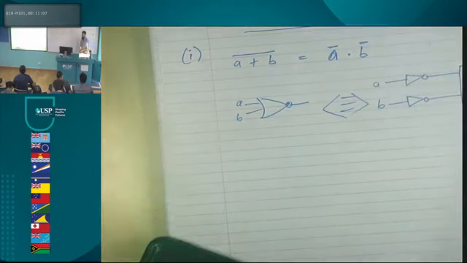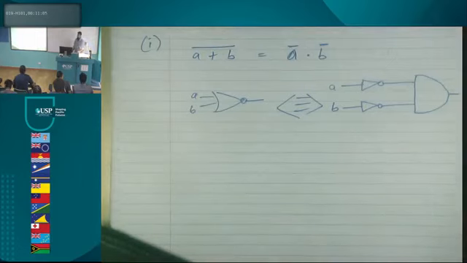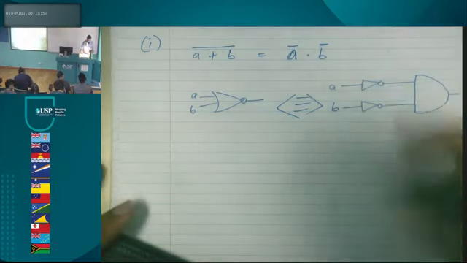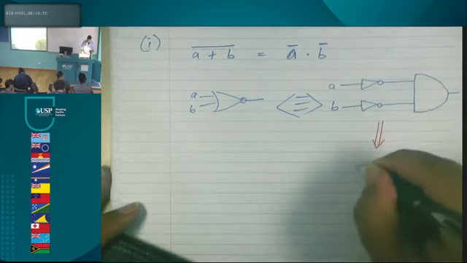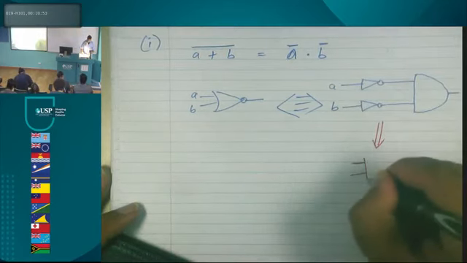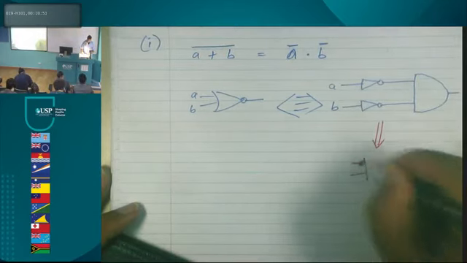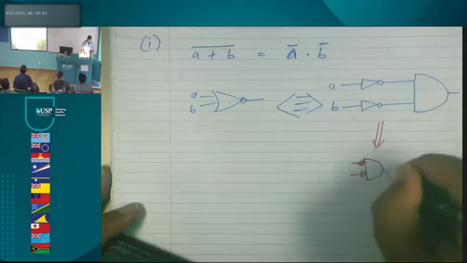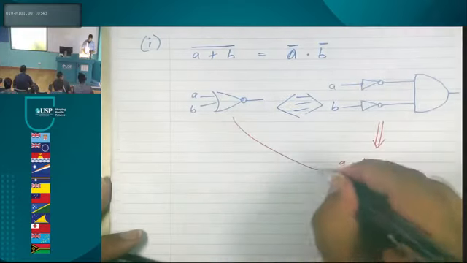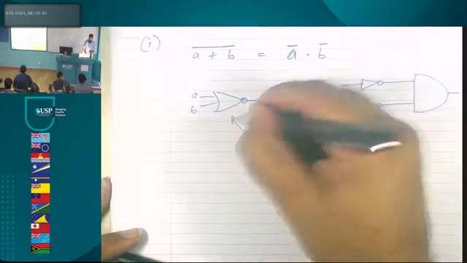Okay, there we go. Make sure you check this out with the truth table. And of course, the symbol for this is, you put a bubble on the input. So in the end, that is the same as this here.